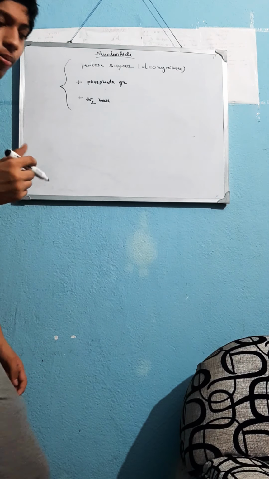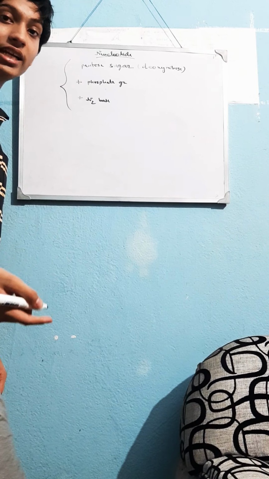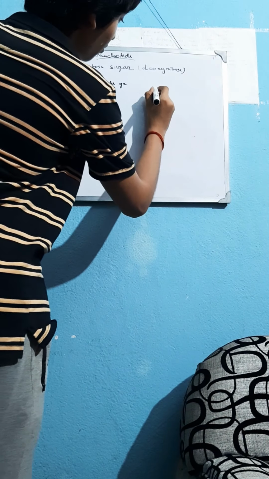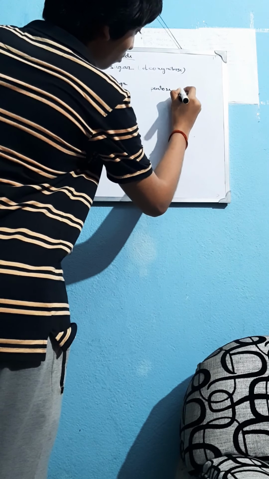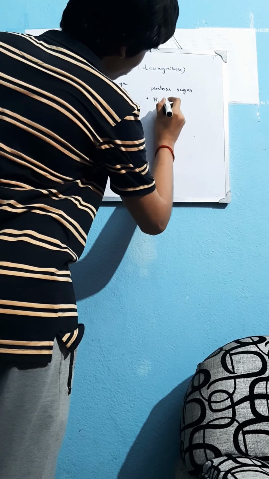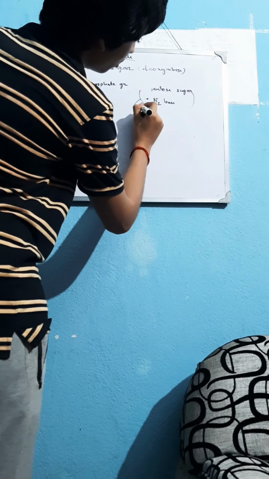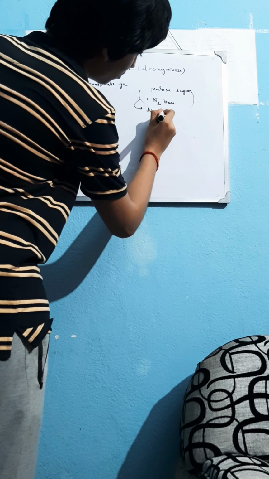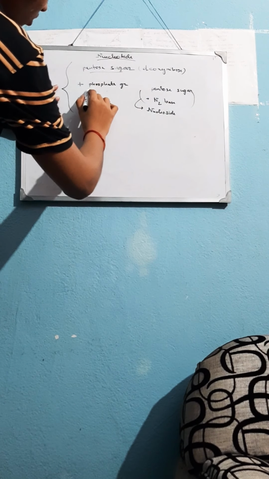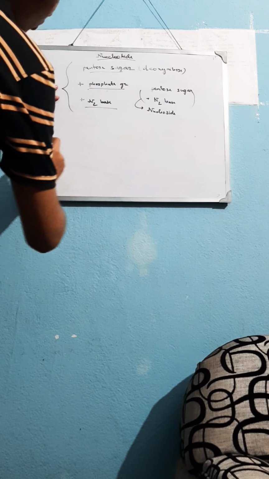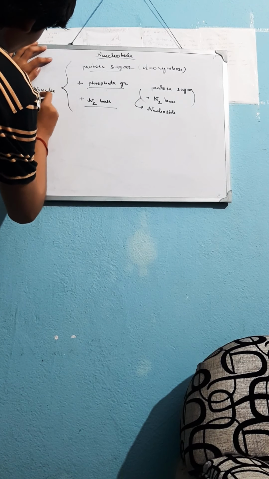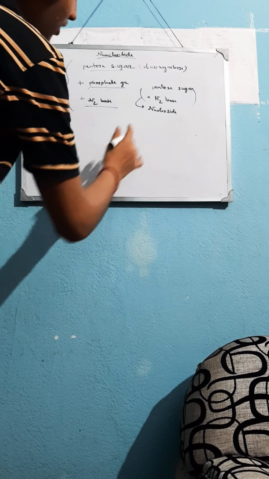Apart from nucleotide, we have another term called nucleoside. What is it? Pentose sugar plus nitrogen base forms nucleoside. Pentose sugar plus phosphate group and nitrogen base form nucleotide, and these two form nucleoside.